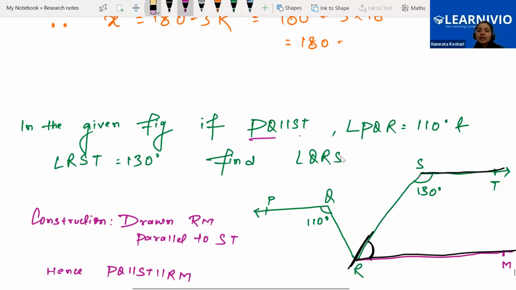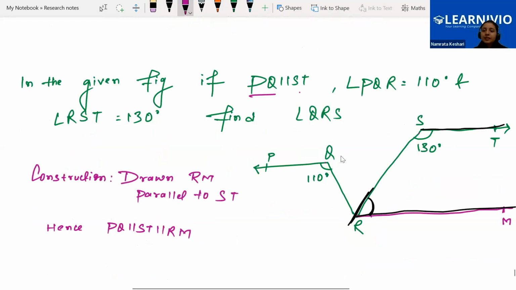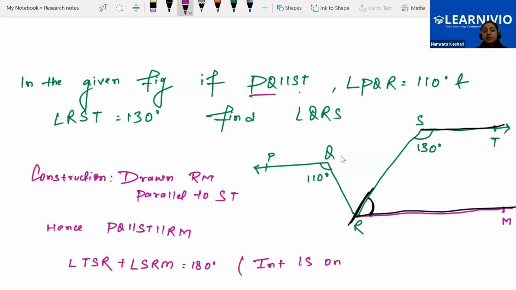So we understand that angle TSR, that is 130 degree, plus angle SRM has to be 180 degree. Why? Because interior angles on the same side are supplementary with each other, and supplementary means the sum is 180 degrees.